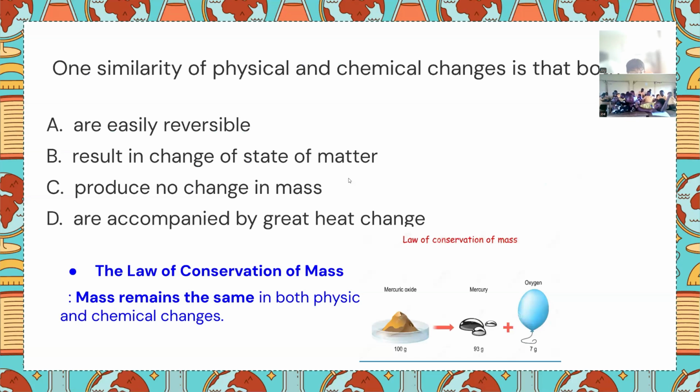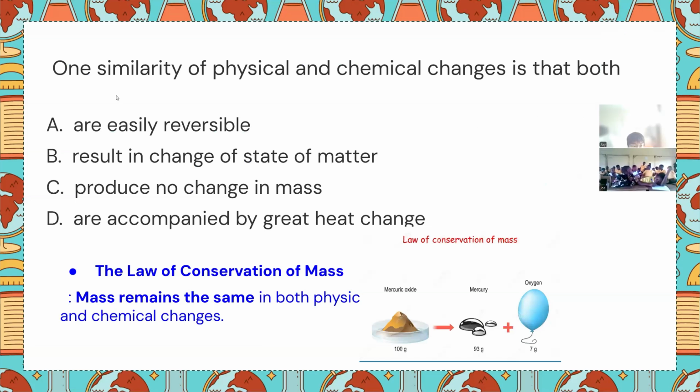So we have this next question. One similarity of physical and chemical changes is that both are: they all easily reversible? Do they all result in change of state of matter? Or do they all produce no change of mass? Or are they accompanied by great heat change?